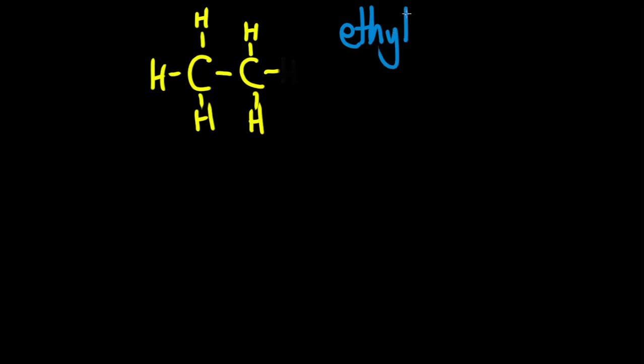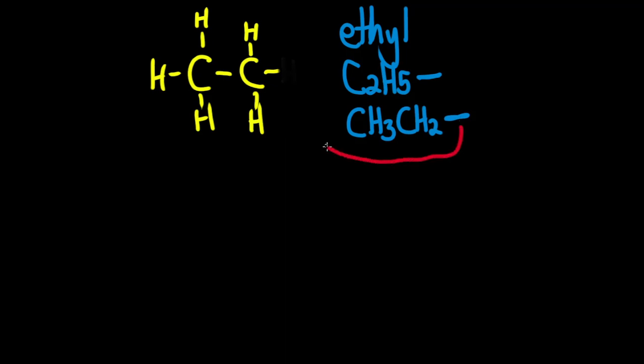Okay, so just like methyl, I got rid of a hydrogen, now I have ethyl. All right, and I can write this out as C2H5 with a dash, or I could do CH3, CH2 with a dash. Okay, and that dash just corresponds to my open bond that I have now.